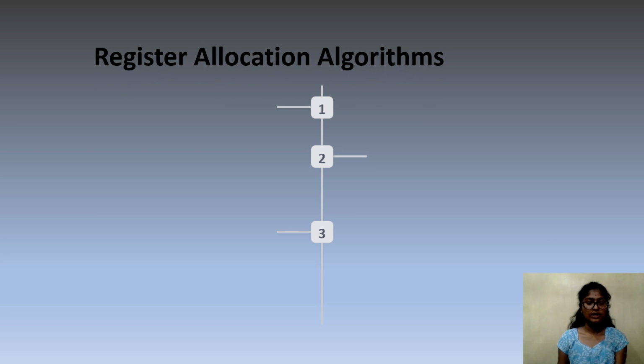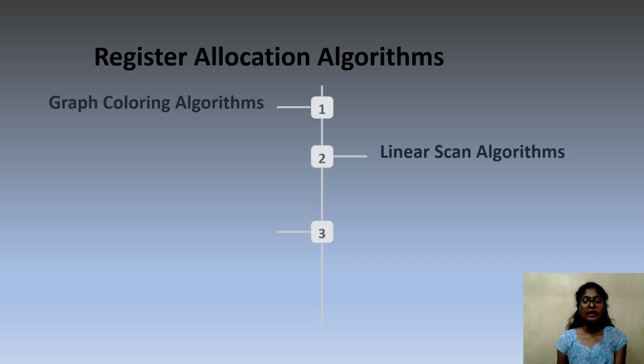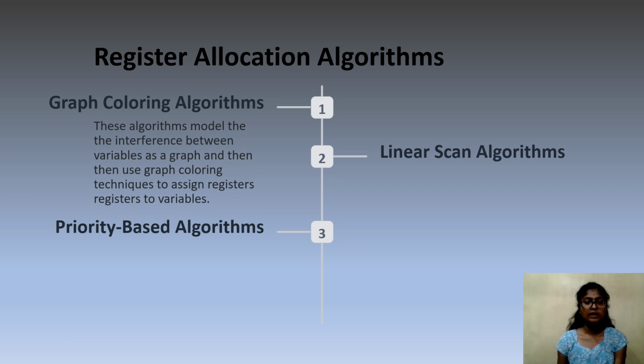Coming to the register allocation algorithms, we have mainly three: graph coloring algorithms, linear scan algorithms, and priority-based algorithms. Graph coloring algorithms model the interference between variables as a graph and then use graph coloring techniques to assign registers to variables.